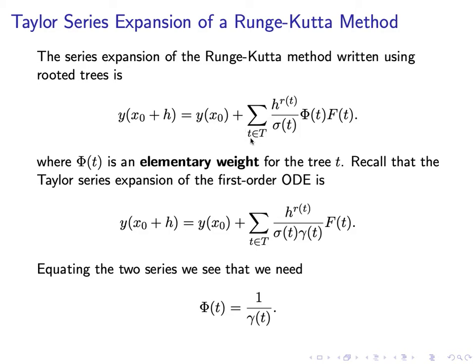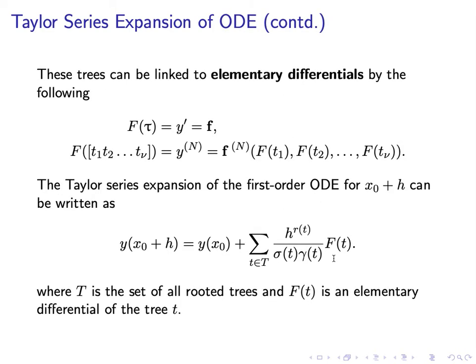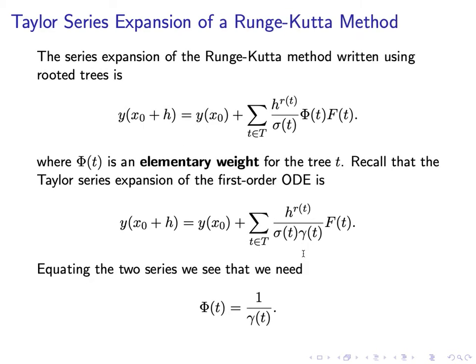We have the same summation over the set of rooted trees, h to the power of the order of the tree T. This time it's just divided by the symmetry of T. Before, we had it over the symmetry times the density. But the difference here is we have this phi T.